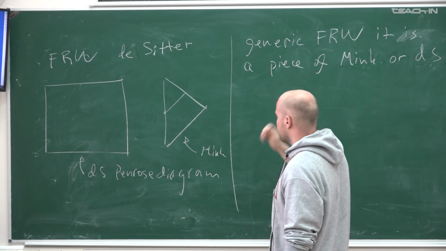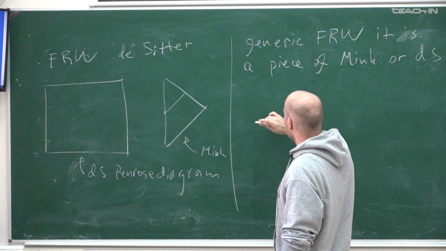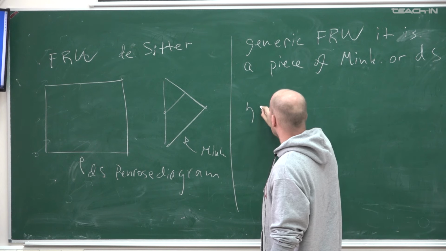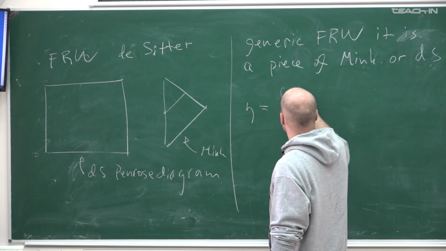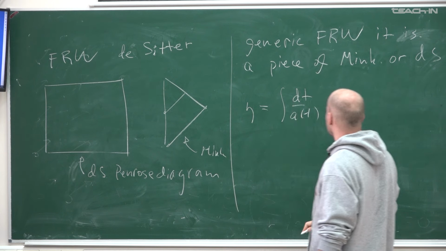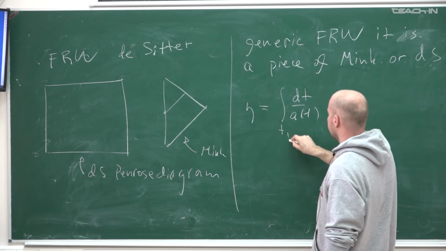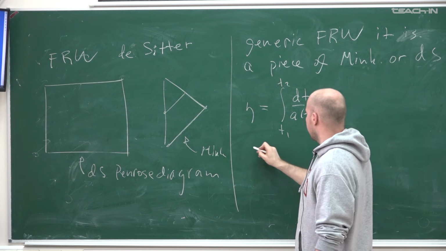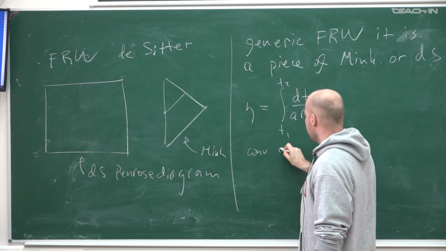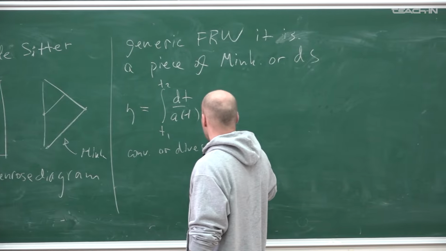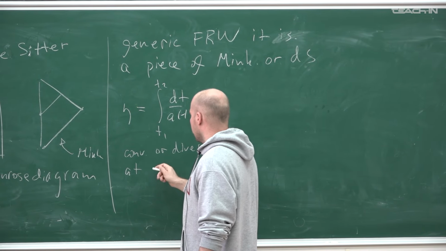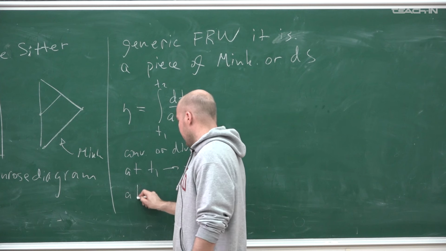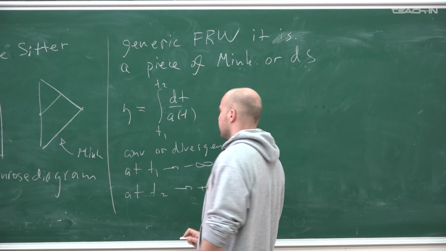So for generic FRW, as I was also replying to a question, which piece is determined by whether the integral, say for some variable eta, which is dt over a of t, let's say we integrate from some t1 to t2, is convergent or divergent, at t1 going to minus infinity, and at t2 going to plus infinity, right?